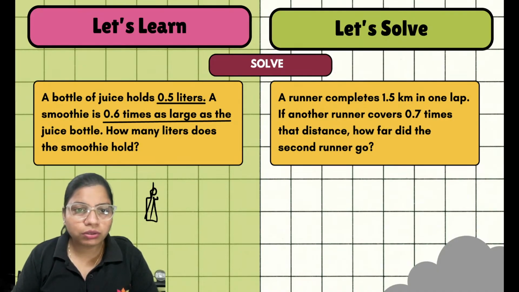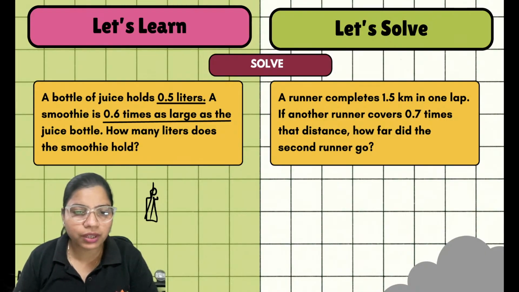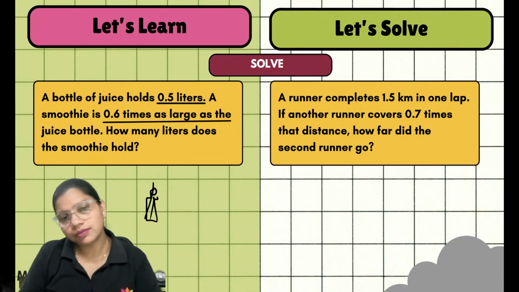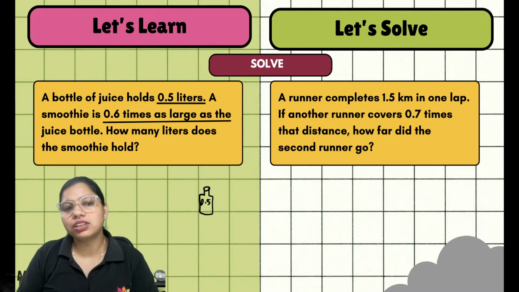So, 0.6 times, that means, how will you do that? How can I really make you visually go ahead with that? The smoothie is 0.6 times as large as the juice bottle.